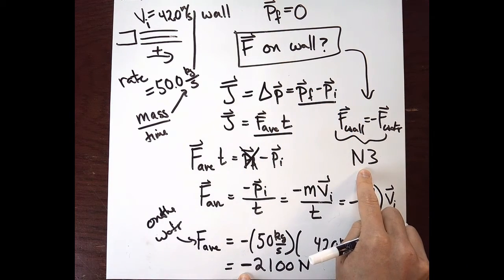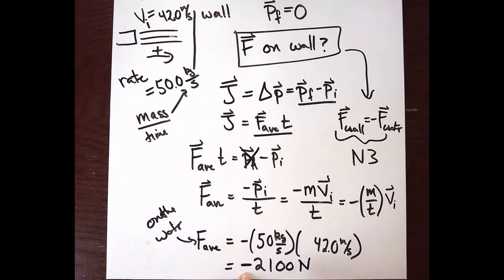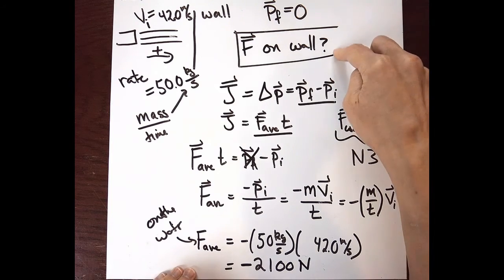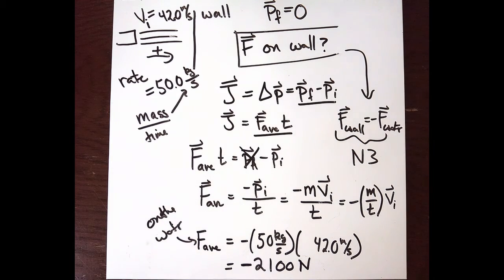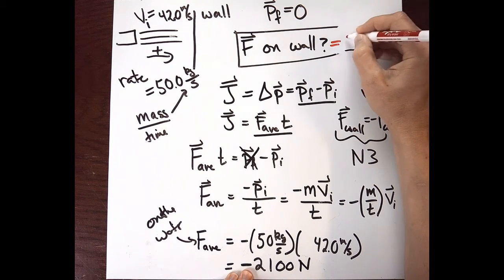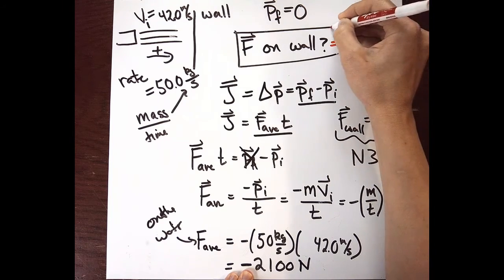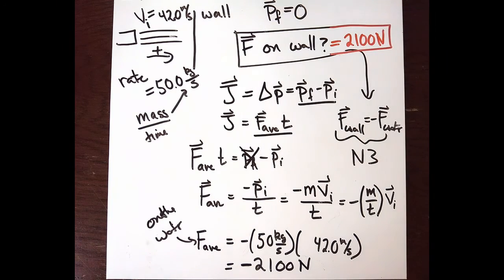Because of Newton's third law, the force on the wall is negative the force on the water. So we just take this guy, same magnitude, opposite direction, change that sign. So the force on the wall is going to be the negative of this, or 2,100 newtons. And that's our answer.